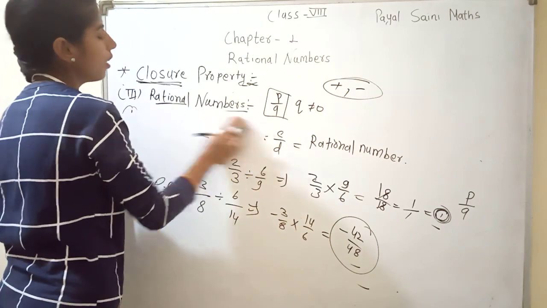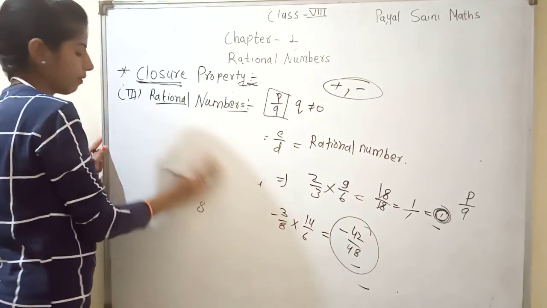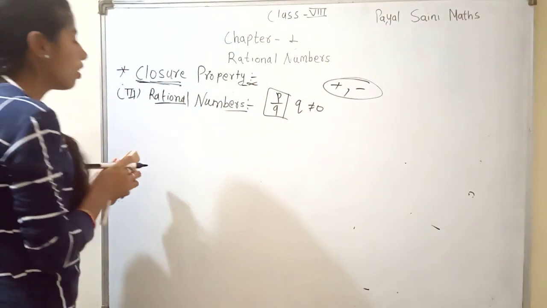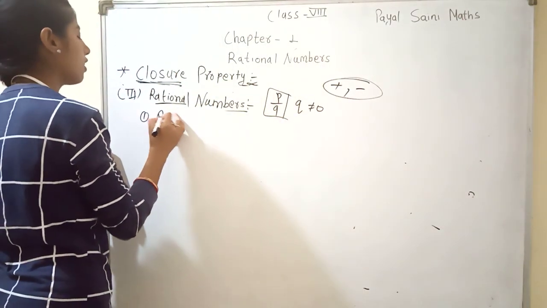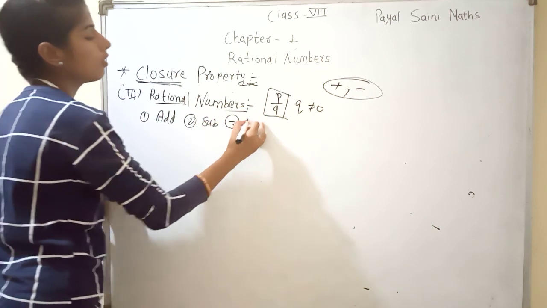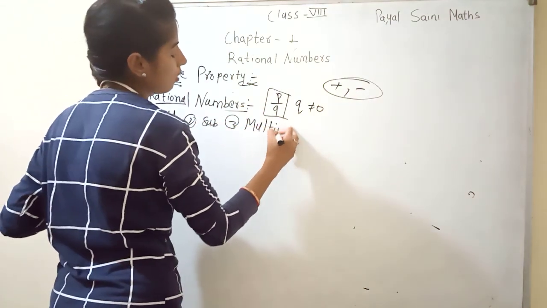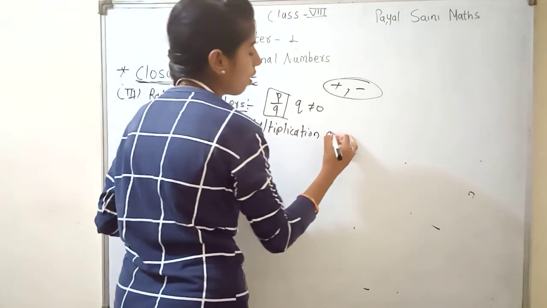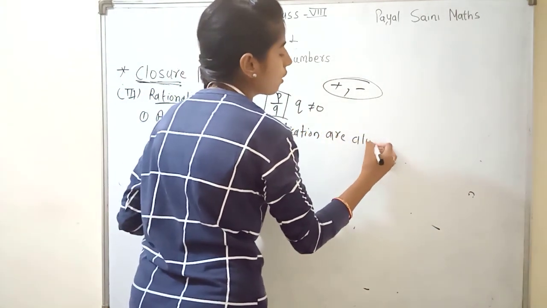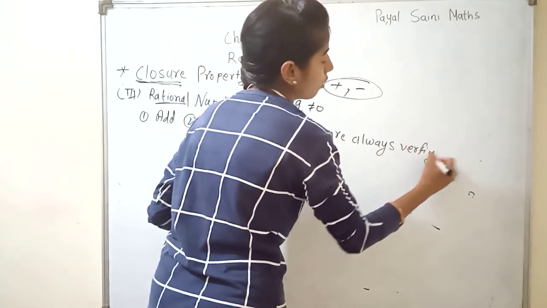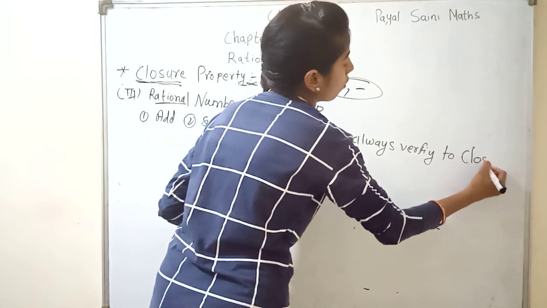Like that, in rational numbers, what is our conclusion? The conclusion is that for rational numbers, first addition, second subtraction, and third multiplication are always verified to closure property.